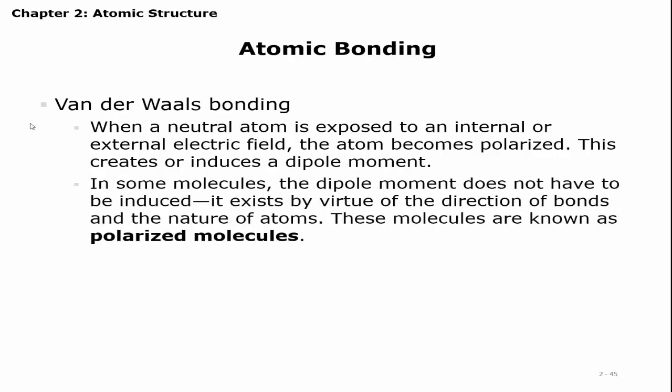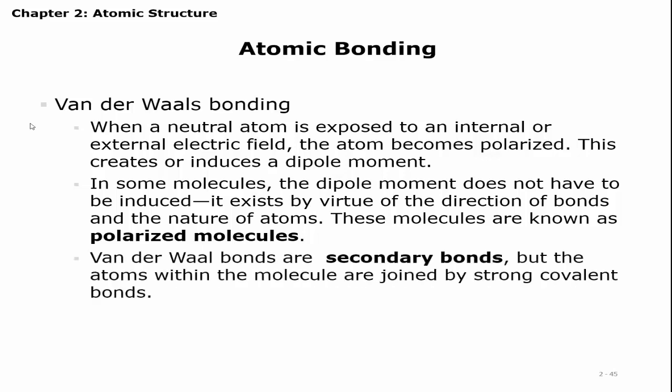In some molecules, the dipole moment doesn't have to be induced, and it exists by virtue of the direction of bonds and the nature of atoms. Normally these molecules are known as polarized molecules. They are also secondary bonds, but the atoms within the molecule are joined by strong covalent bonds.